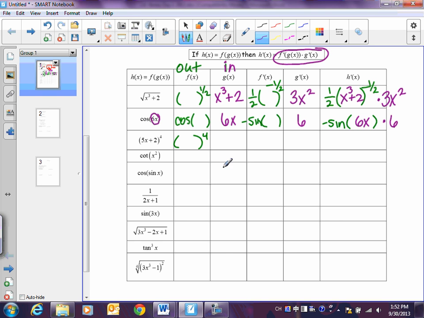And then the inside function would be 5x plus 2. And now we're going to think, okay, if I take the derivative of the outside, the shell, I would just do 4, and then in my parentheses, and then a cubed. It's just like if it was x to the fourth, it's just something else to the fourth power. Taking derivative of the chocolate, of the inside part, that's just going to be 5.